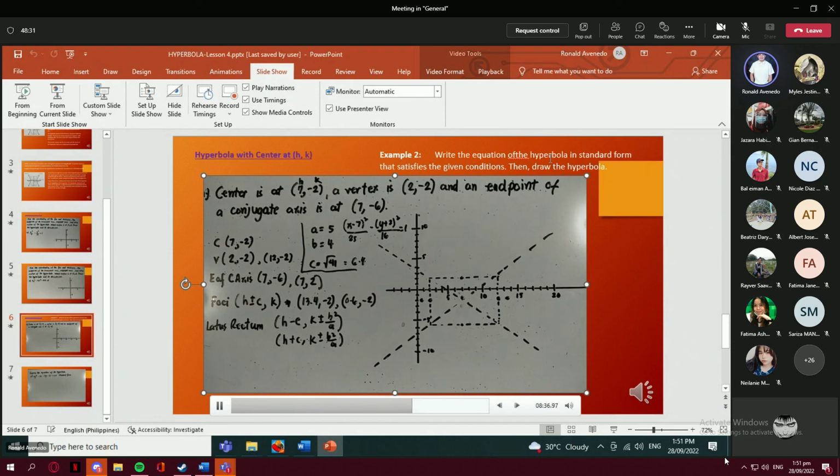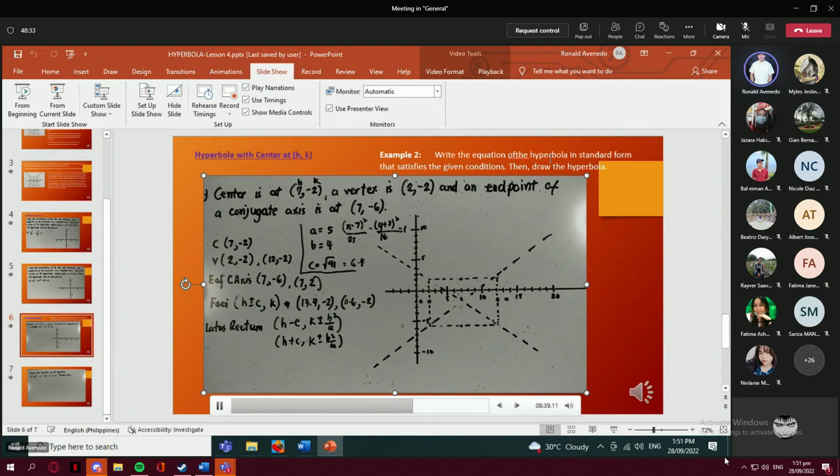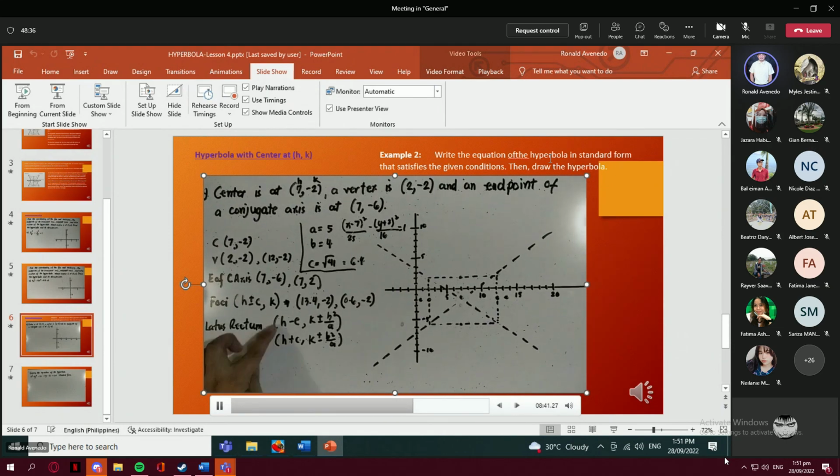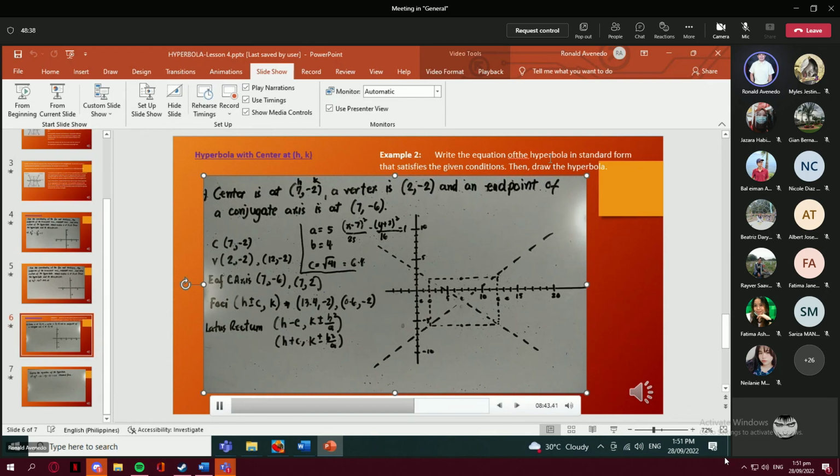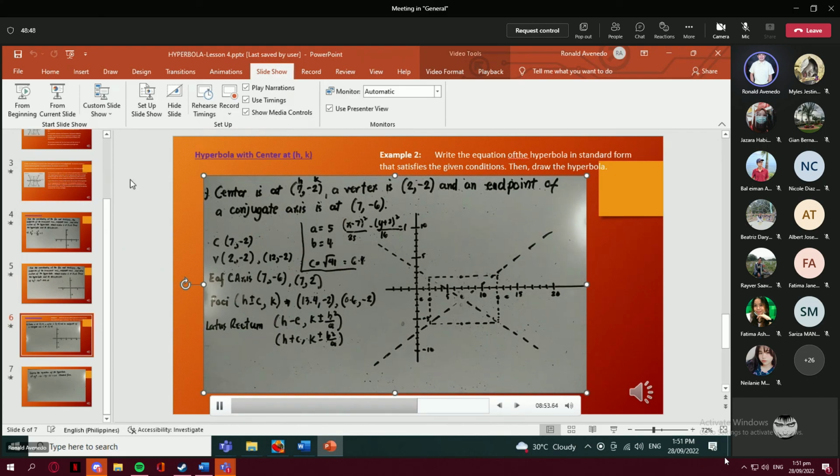So we will now find the endpoints of the latus rectum. The guide is H minus C, then K plus or minus B square over A for one pair. Then the other one is H plus C, then K plus or minus B square over A. H minus C is 0.6.